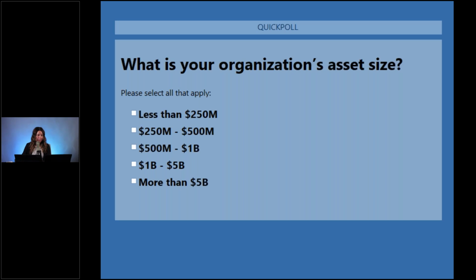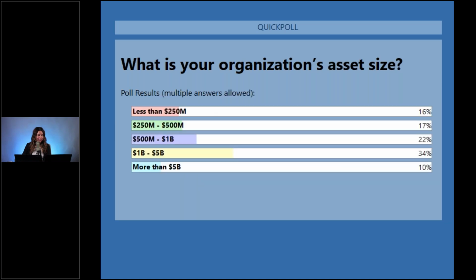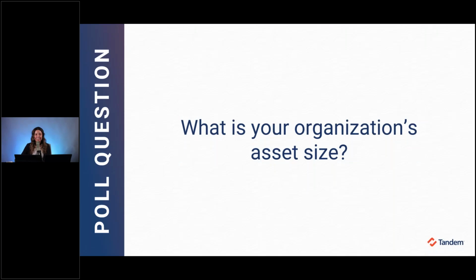Let's close the polls and share the results. We're seeing 34% between 1 billion and 5 billion, and 22% between 500 million and 1 billion. This is great. This gives me a lot of information on who's attending with us today. I'm very excited to get started with this presentation.